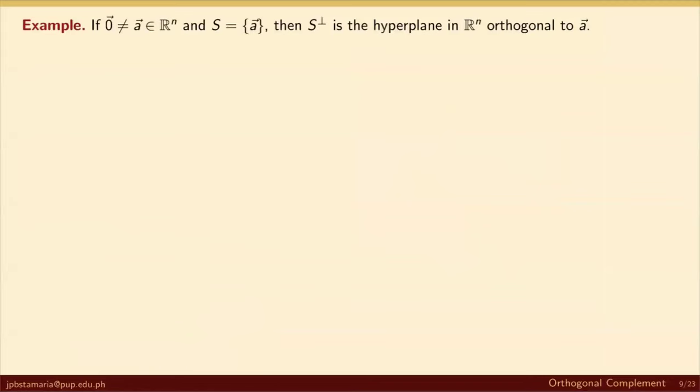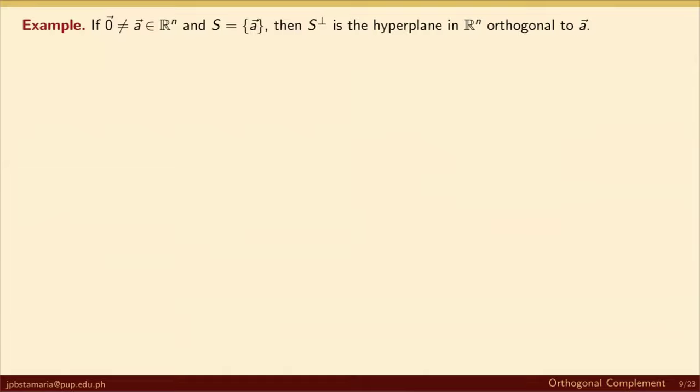So let's take a look at some examples. Number one: if A is any non-zero vector and we take S to be the set containing A, so your set only has one vector in it, how do we describe S perp?